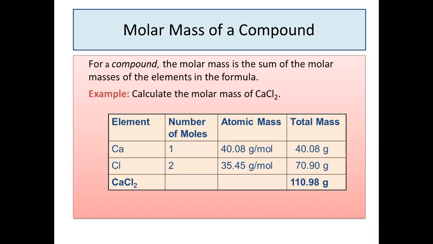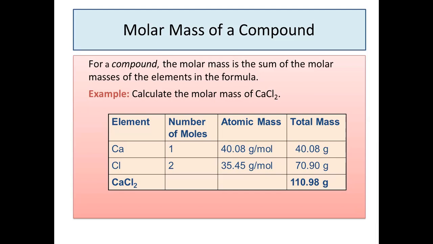For example, we can calculate the molar mass for the calcium chloride compound. The molar mass is the sum of molar masses of all the elements in the formula. So, calculate the molar mass of calcium chloride. Here the element calcium is in 1 mole, which has atomic mass 40.08 grams per mole. The total mass corresponds to 40.08 grams.